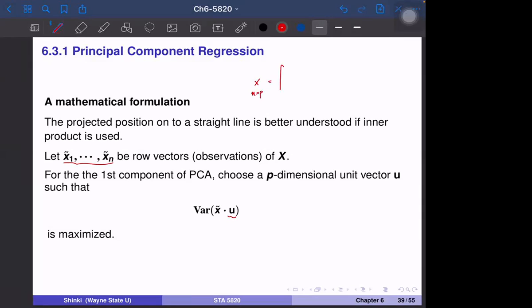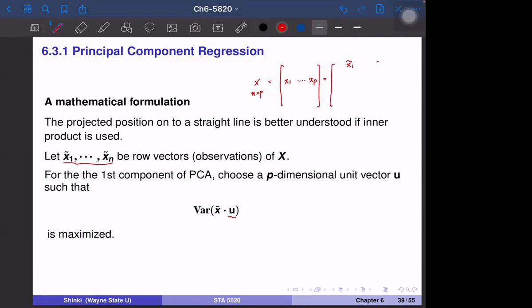Last time we expressed the first variable to the p-th variable. For example, if the first variable is the English score, then x1 is the English scores of the 1,000 students. But now we think about each student's scores, so x1 tilde is the first student's scores.